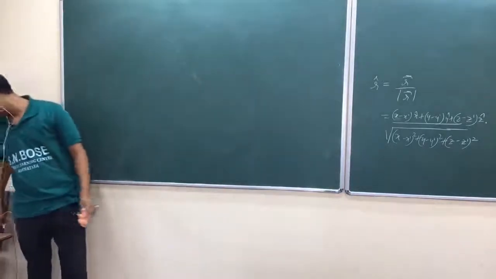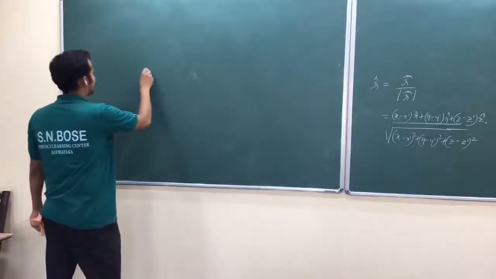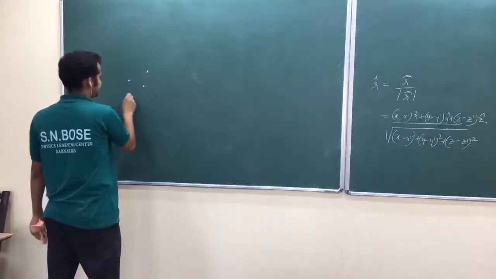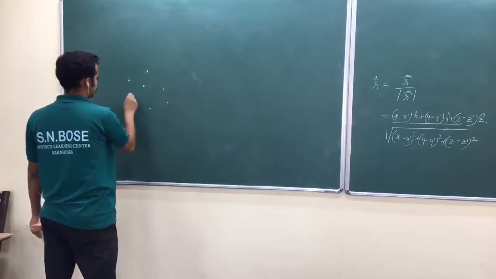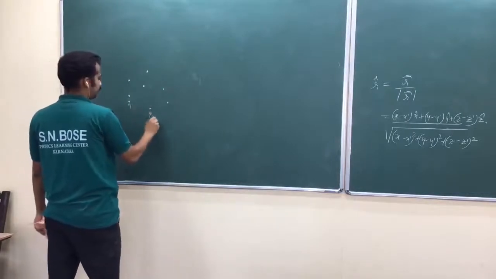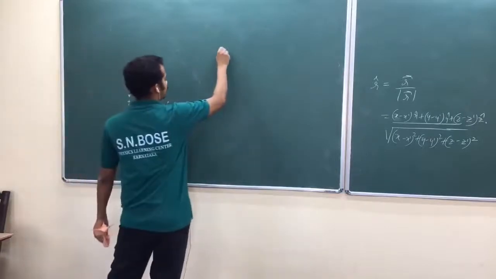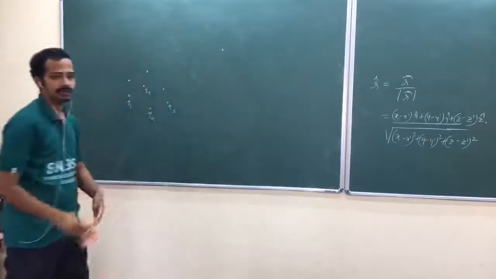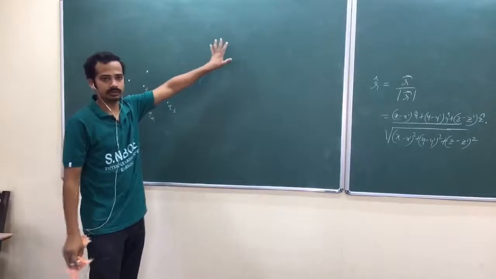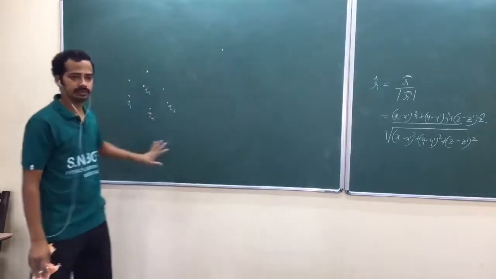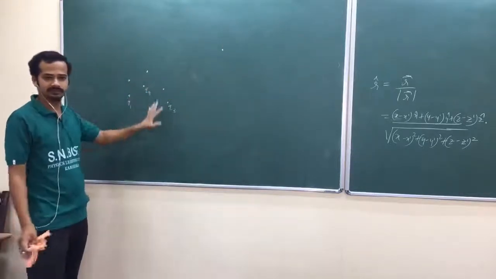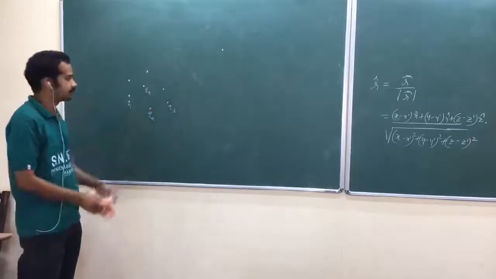So now look here. I have many charges here: Q1, Q2, Q3, Q4 and so on. Our idea is to find the force on the test charge here. Just imagine somebody is holding this one.